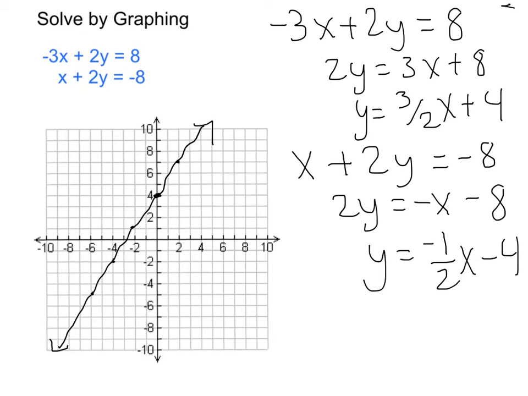And the second line is y equals negative 1/2 x minus 4. The y-intercept is negative 4, and I'm going to go down 1 over 2.